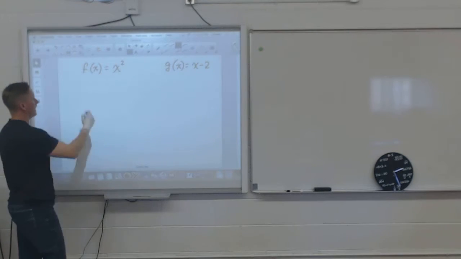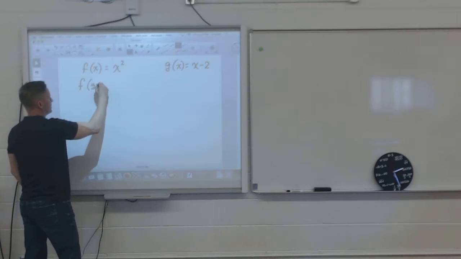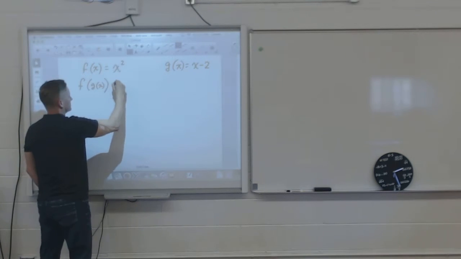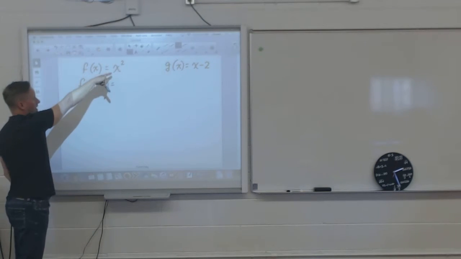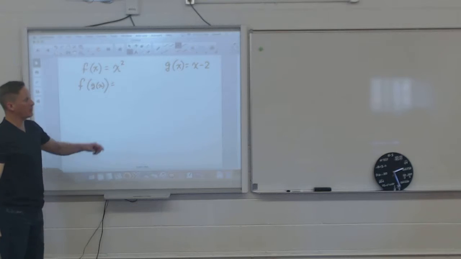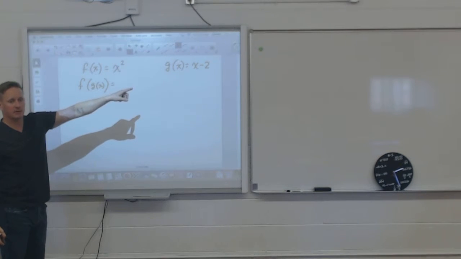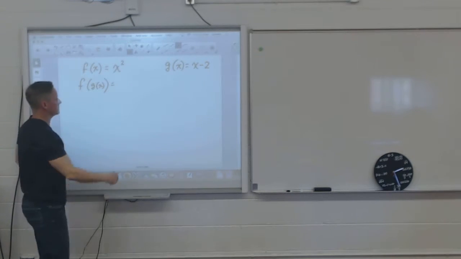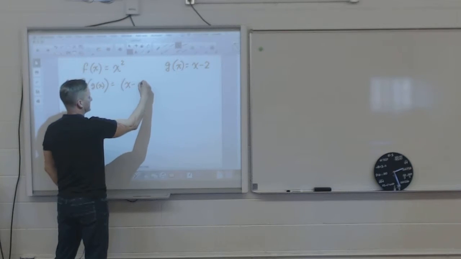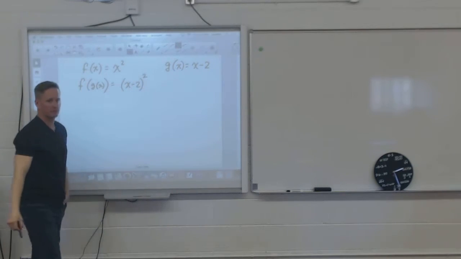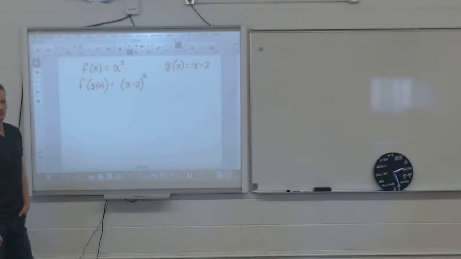Now I want f of g of x. So that means wherever I have an x, I'm going to put in x subtract 2. So what does this become? X subtract 2 squared. Follow that?